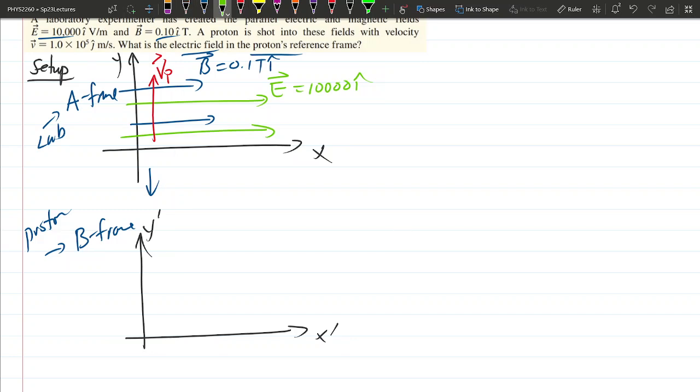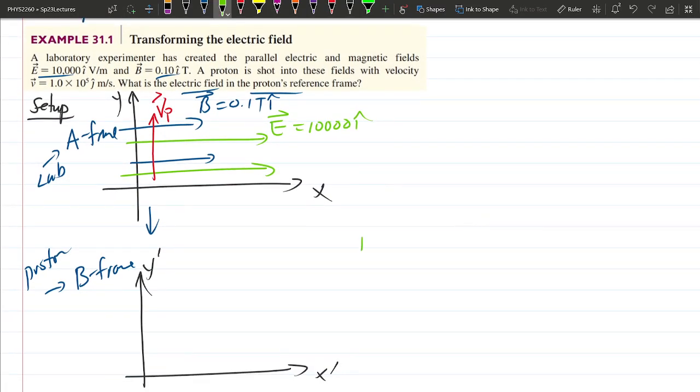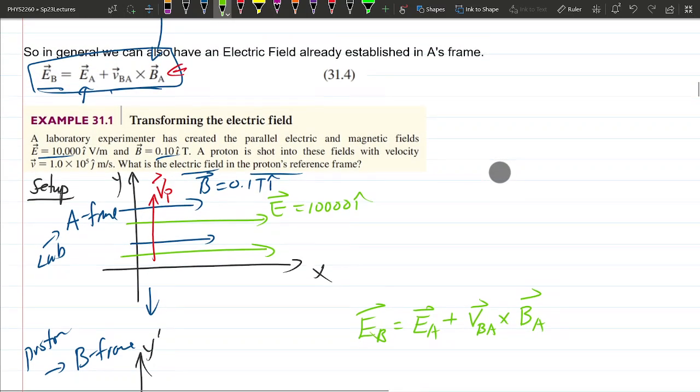So we're going to use this equation that we just found above. The electric field in B's frame is the electric field in A's frame plus the velocity between the two frames cross producted with the magnetic field. There's no factor in front.